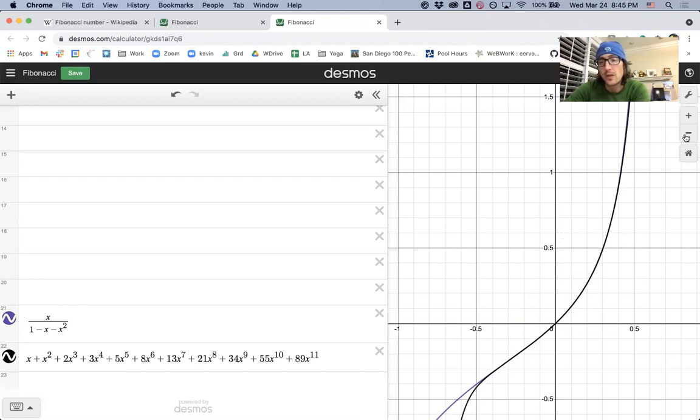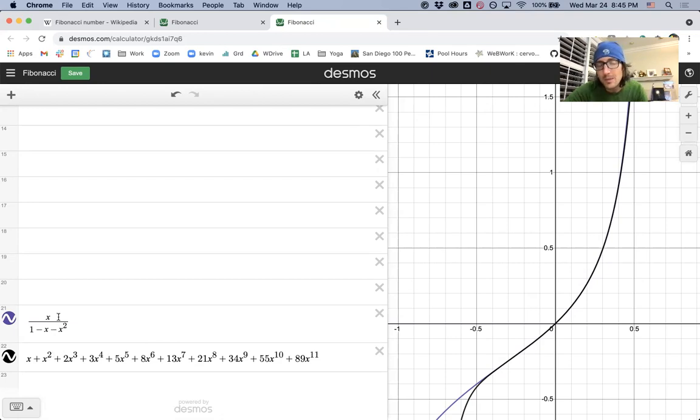And so what's true is that these two graphs, if I add enough terms and I look on what's called the interval of convergence, these two things are going to be absolutely equal. So it really is true that this power series is what's actually called the Taylor series expansion for this function.